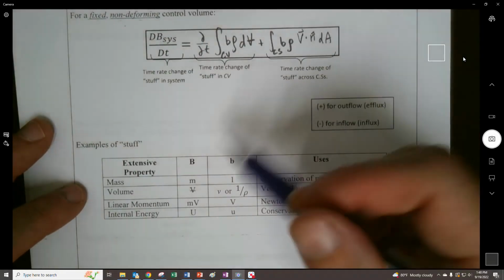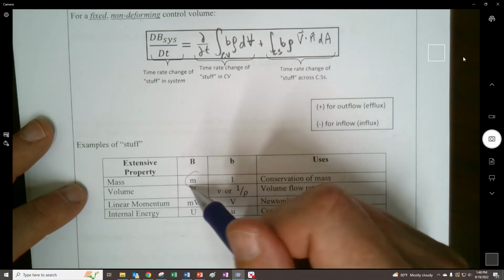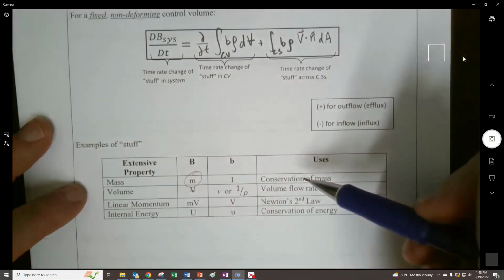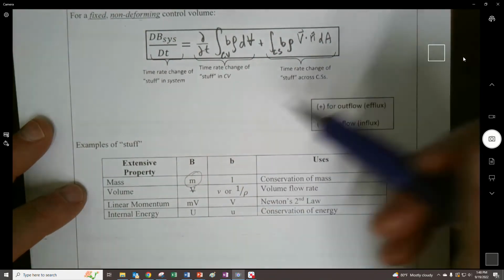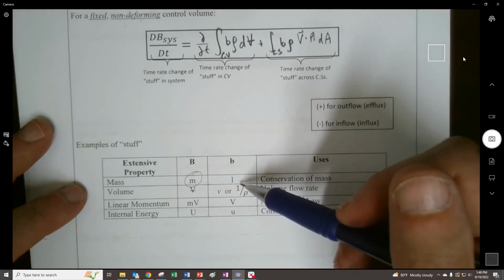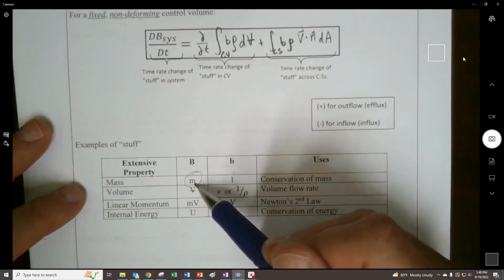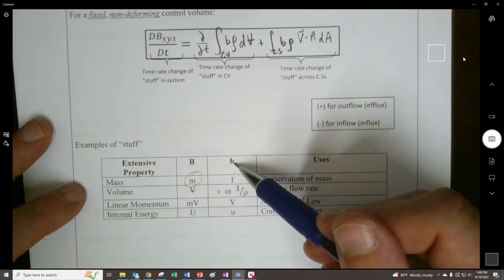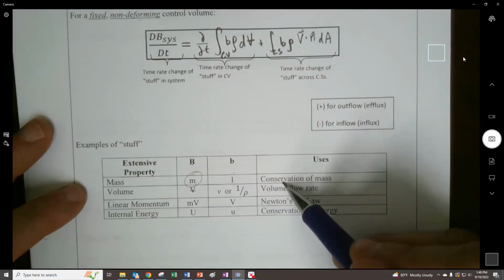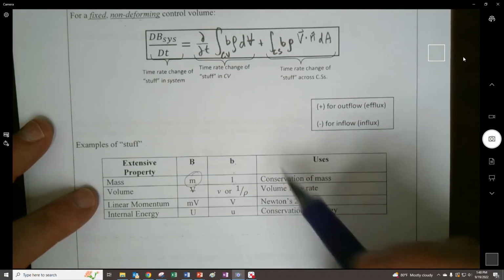One of the hardest ones conceptually, I think, is the very first one, where we take mass, because we're using mass as the transport. We can use Reynolds transport theorem to describe mass, where B is the stuff, so it's mass, but then of course mass per mass is just one, and we can use the conservation of mass.